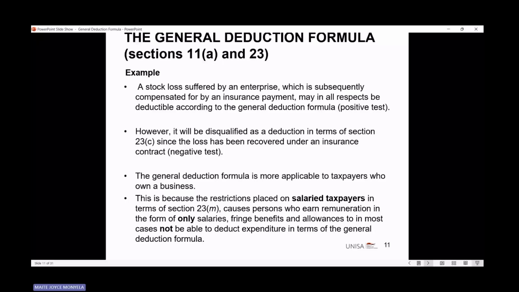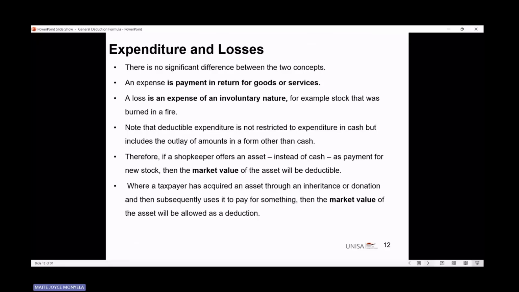So the other requirement is expenditure and losses. Under section 11, there's no significant difference between the two concepts. An expense is payment in return for goods and services, and a loss, as we see from the insurance, is an expense of an involuntary nature, for example, stock that was destroyed by a fire.